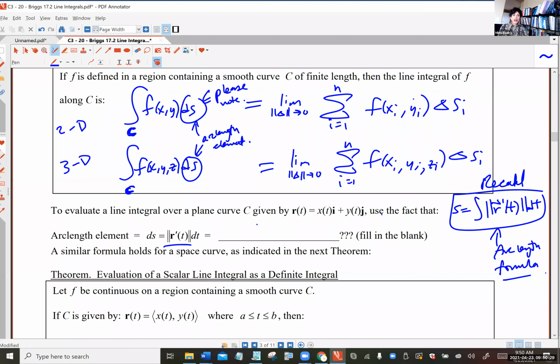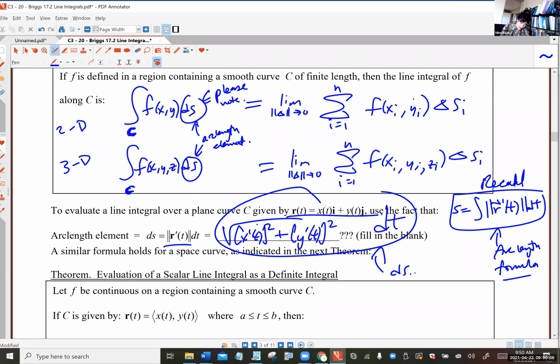You probably forgot. No, I do remember that. But if you remember it, it's going to help you in this chapter big time. Because the arc length element for a 2-dimensional curve, you're just going to take the magnitude of the velocity vector. You did this a couple times for me. And that's going to help you get your arc length element times dt. This is your ds right there.